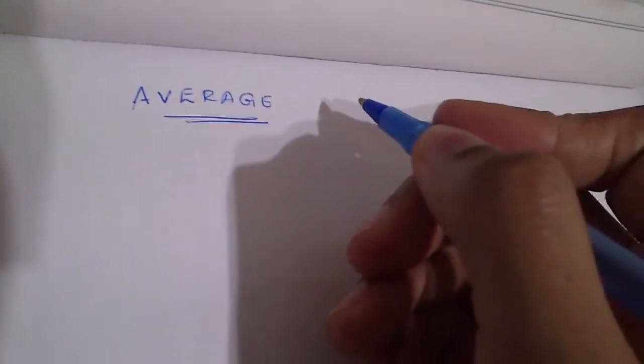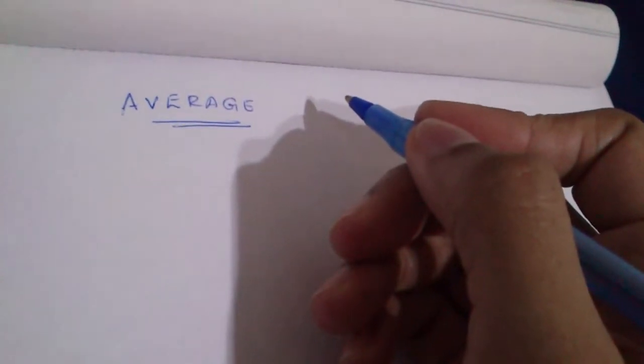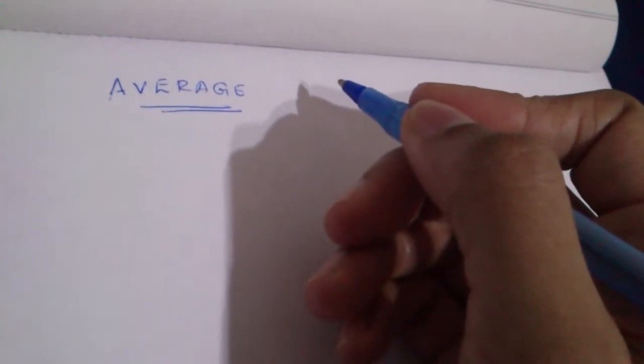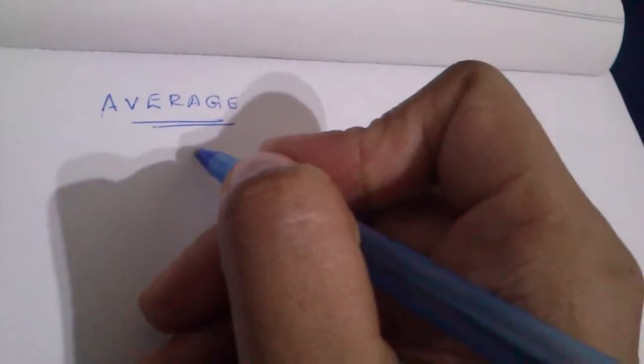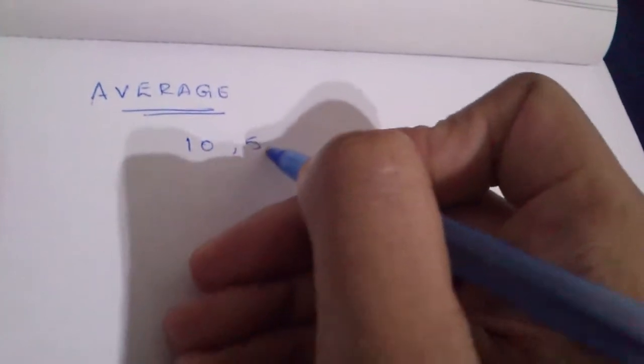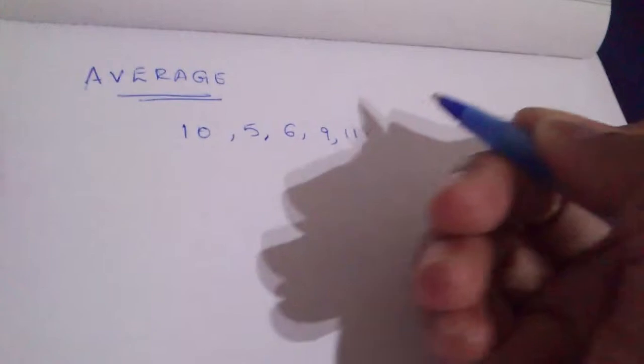Now the next thing that we are going to discuss is the basic concept of average and median. Average is found as the sum of the given number of elements divided by the number of elements. For example, let's take 5 elements, some random numbers like x, y, z, a, b.